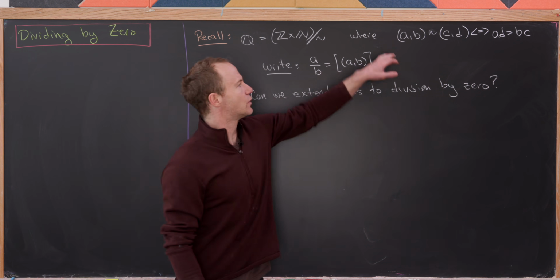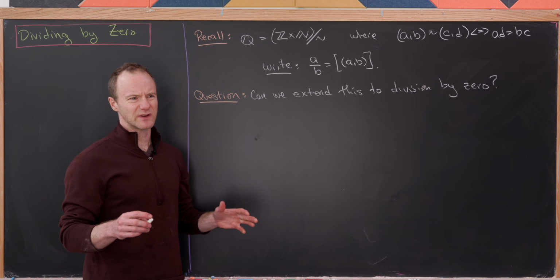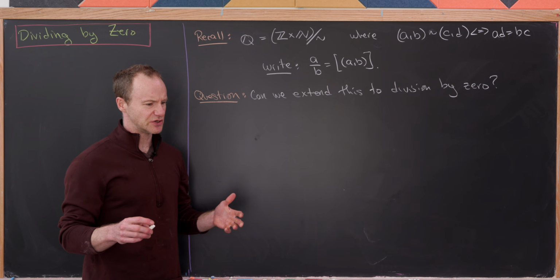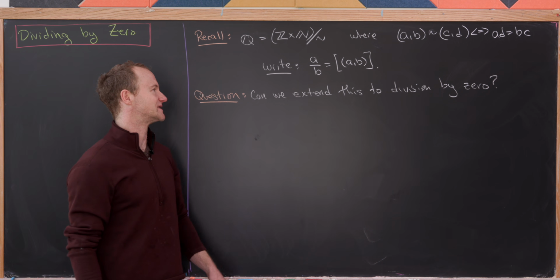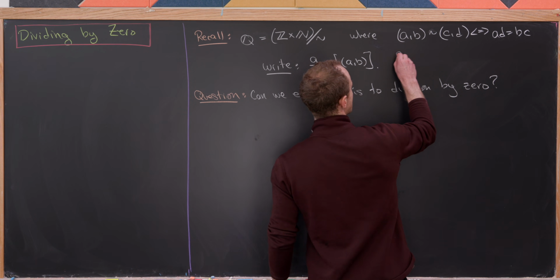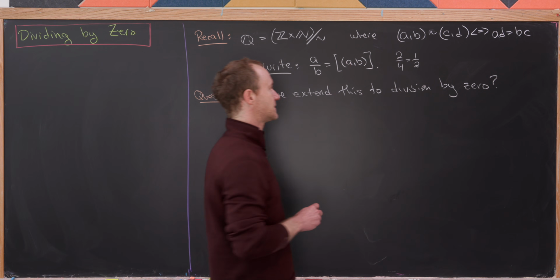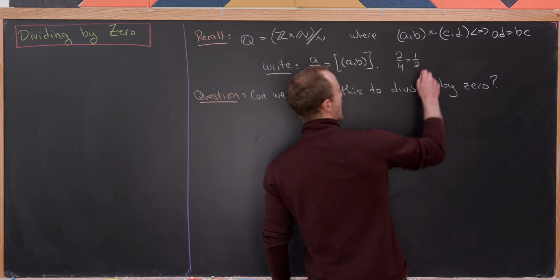And notice that this equivalence relation is really just giving us the ability to simplify fractions down to lowest terms. So let's notice that 2 over 4 is the same thing as 1 over 2.